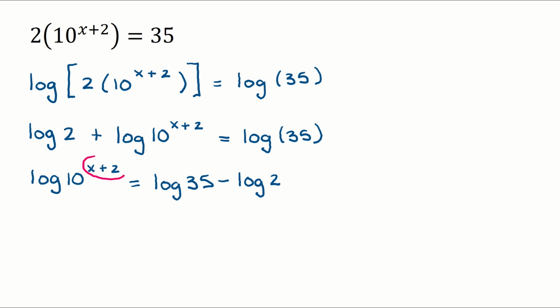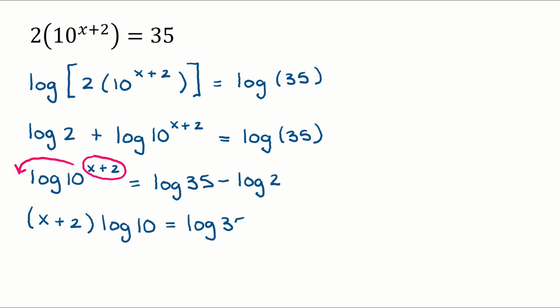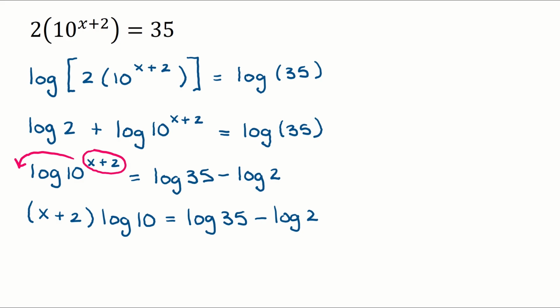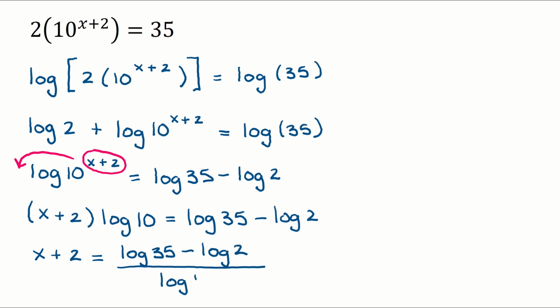Then we're able to take this exponent and use the power rule to bring it out in front. So that means that this will then be equal to x plus 2 multiplied by log 10 is equal to log 35 minus log of 2. And then to get x plus 2 by itself, we're going to divide both sides by log 10, giving us x plus 2 is equal to log of 35 minus log of 2 divided by log of 10.